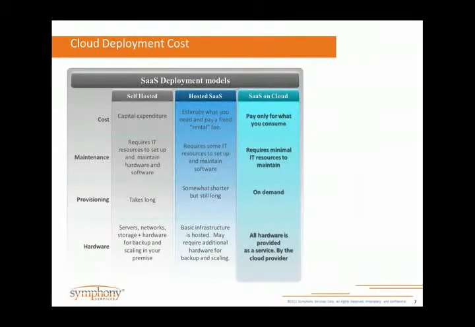The key here is that suppose you have decided to move to SaaS. If you take a decision that cloud is going to be my hosting model, deployment model, one needs to make a careful choice in terms of how many of the quality attributes have to be addressed at the application level and how many of these have to be addressed at the deployment level.